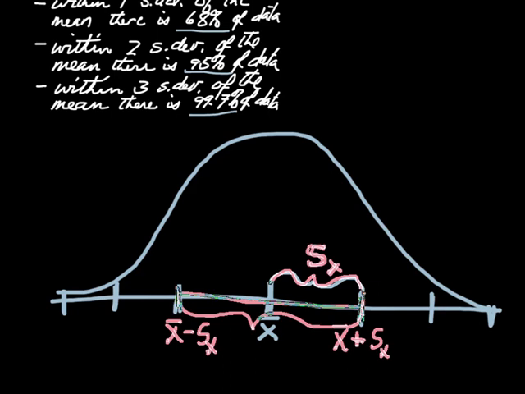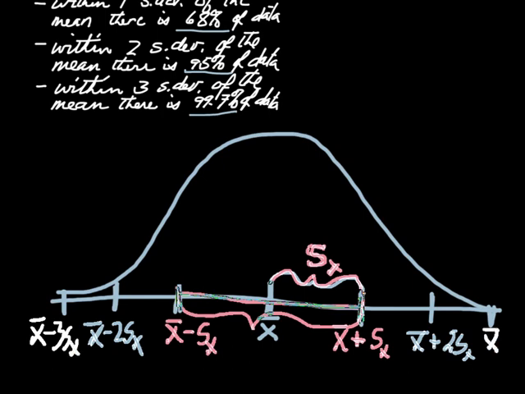And in the same way, we could talk about the mean minus 2 standard deviations, or the mean plus 2 standard deviations. And if you wish, we could go even further, the mean minus 3 standard deviations, or the mean plus 3 standard deviations.